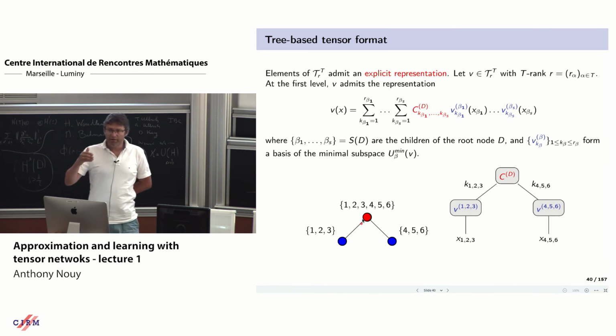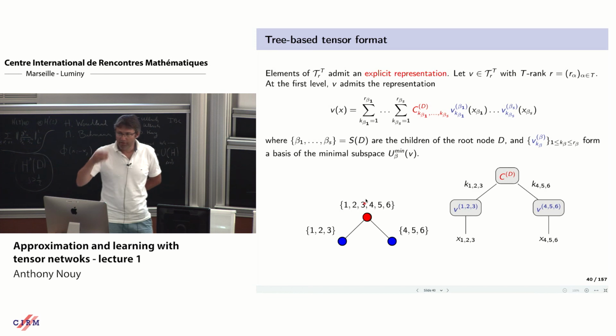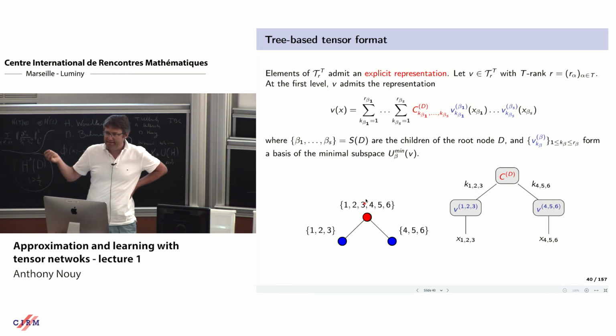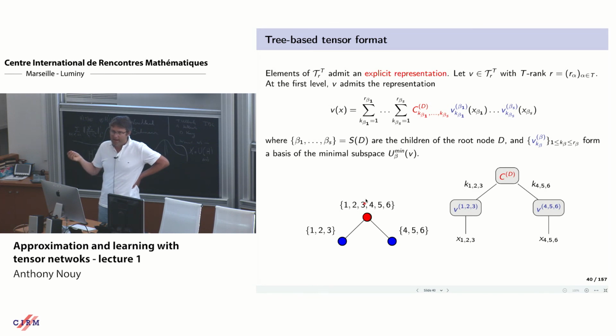What you know from the inclusion of minimal subspaces, remember, is that a tensor belongs to the tensor product of its minimal subspaces. These minimal subspaces have a dimension equal to the alpha rank imposed, okay?